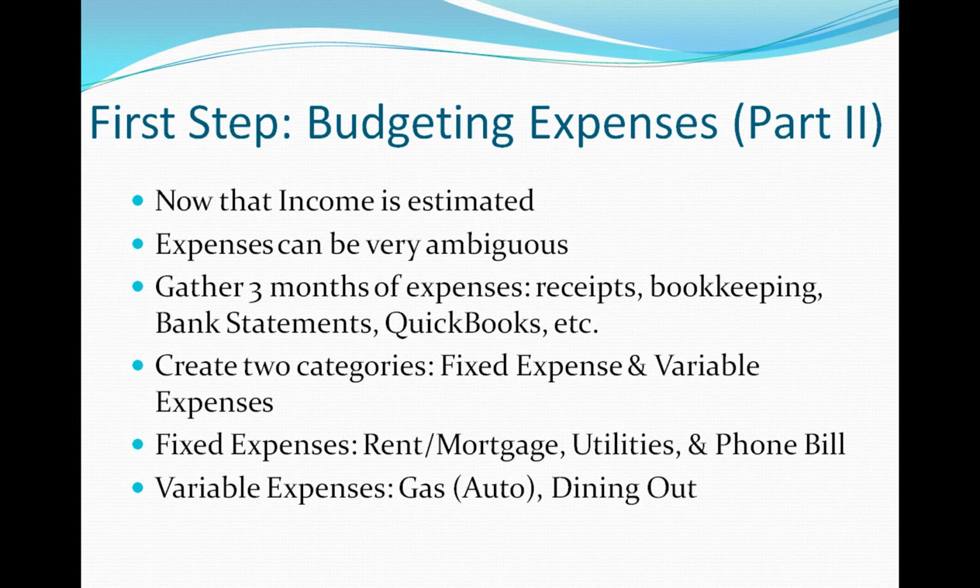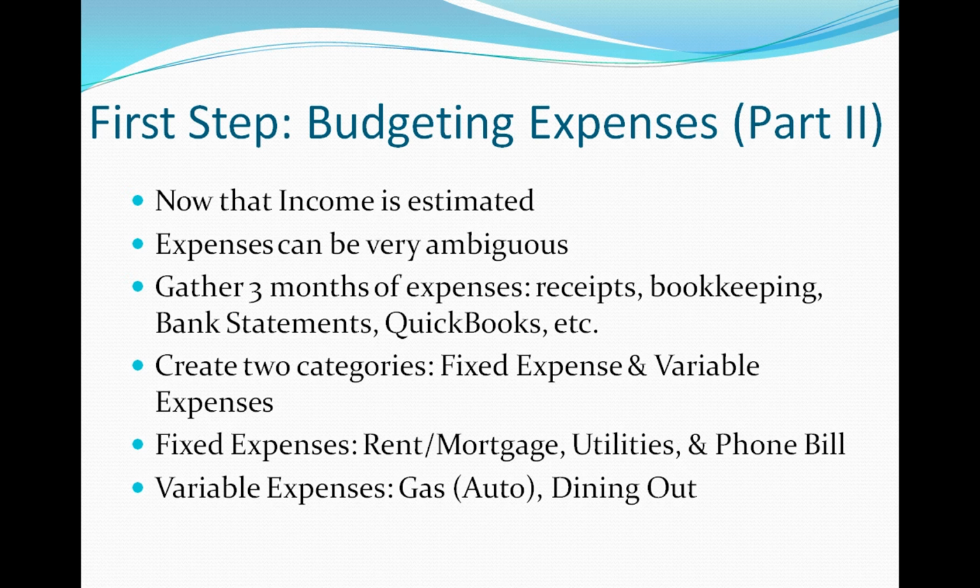Now, the second thing we're going to do is separate them into 2 categories. The first category is fixed expenses, and the second is variable expenses. Fixed expenses are exactly how it sounds: things that do not change, or at the very least do not fluctuate a lot. So this is going to be rent and mortgage. I know utilities tend to fluctuate, but I still decided to put them here for ease of use, and we also have your phone bill.